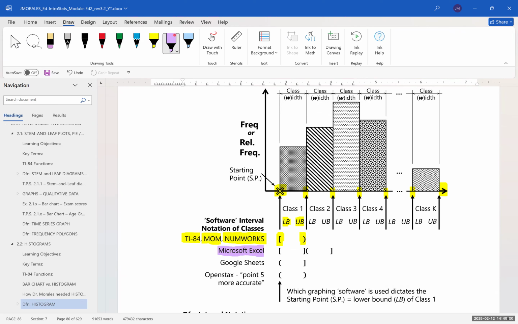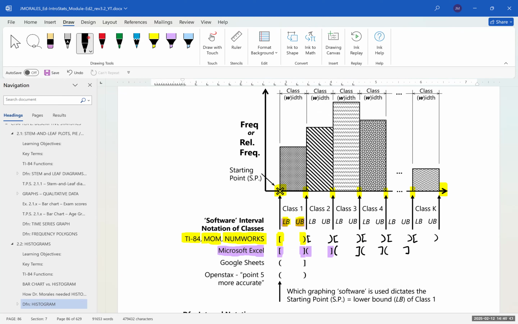In Excel, the first class has a left bracket for the lower bound and a right bracket for the upper bound. And class 1 is just different in Excel than classes 2, 3, and 4. The lower bound is a parenthesis and the upper bound is a bracket, and it repeats that pattern over and over. For the calculator, if I may backtrack a minute, it'll be left bracket, right parenthesis, left bracket, right parenthesis, and so on.